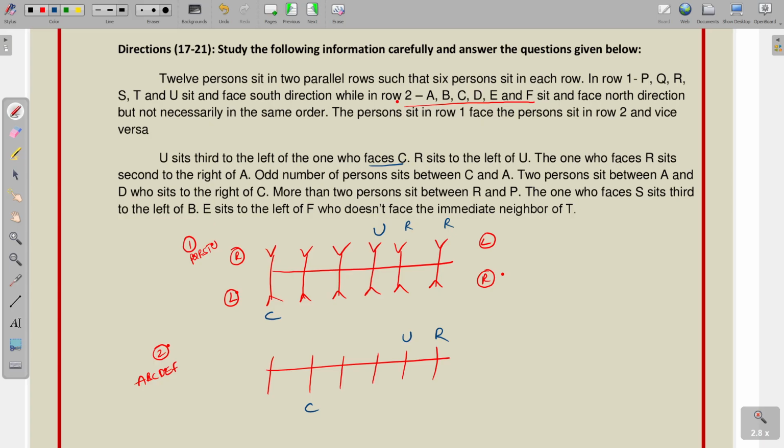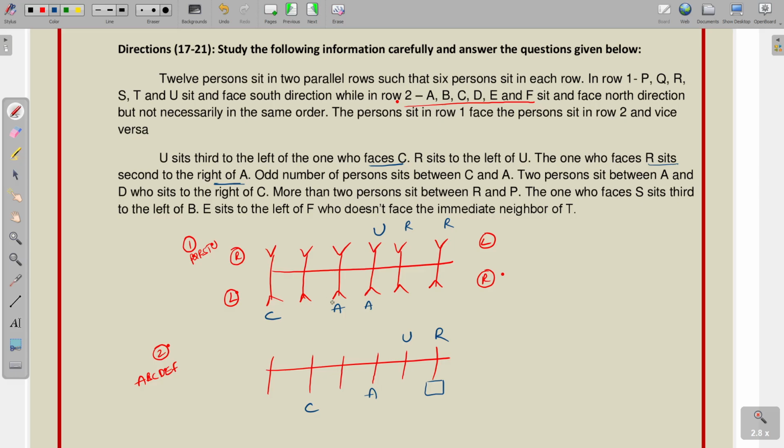Coming to the second possibility. Next, the one who faces R sits second to the right of A. So this person who is facing R is second to the right of A, and coming to here, either A is placed here or A is coming here. And next, odd number of persons sit between C and A. So here only one person is there, so this possibility is correct.